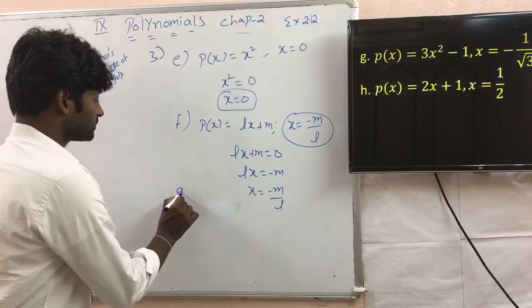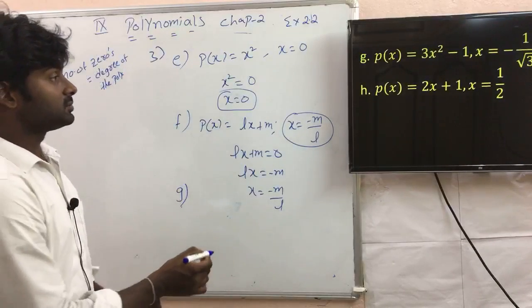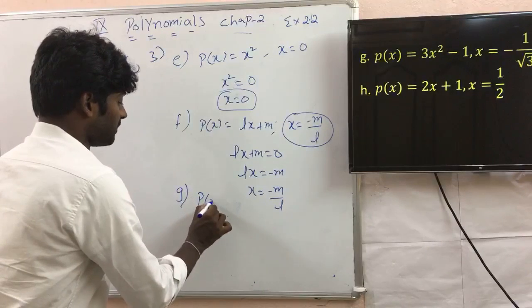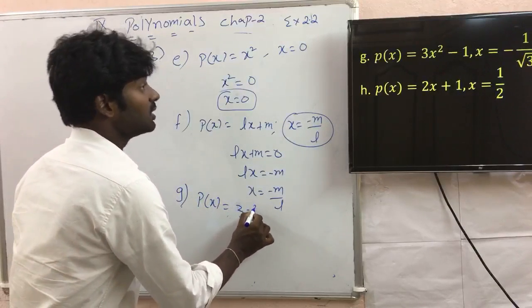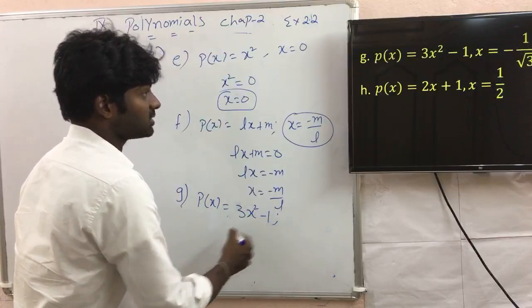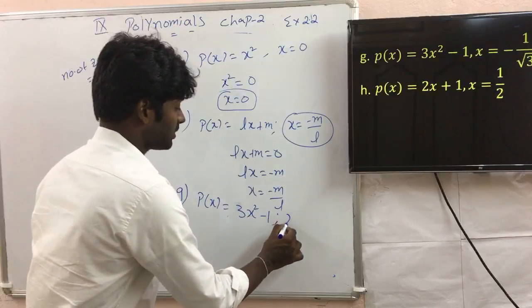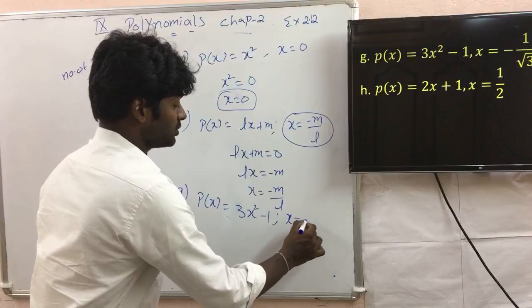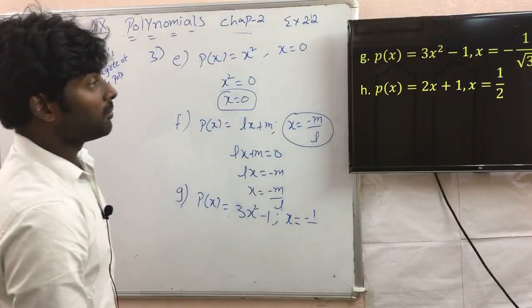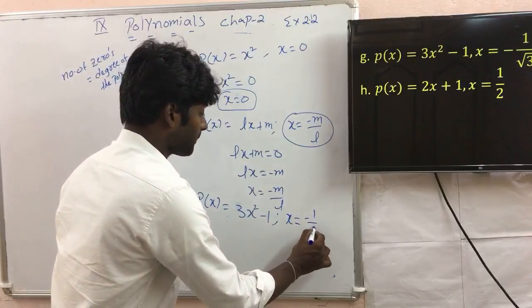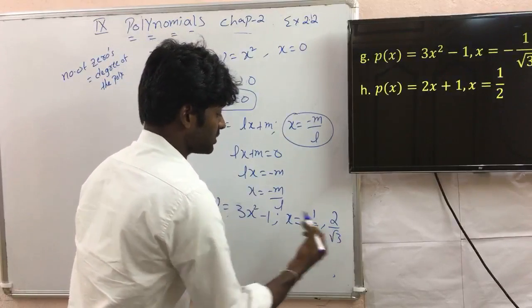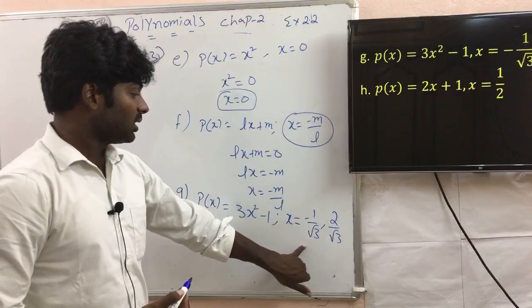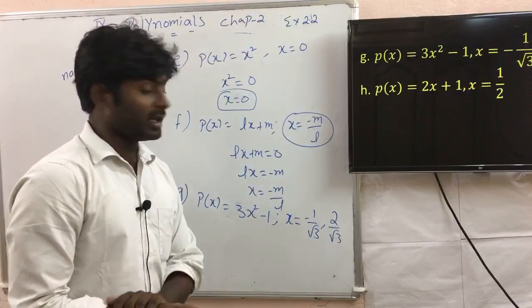So seventh one, in same main, p of x equals to 3x square minus 1, and the zeros are given by x equals to minus 1 by root 3 comma 2 by root 3.